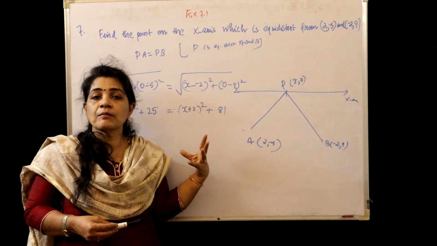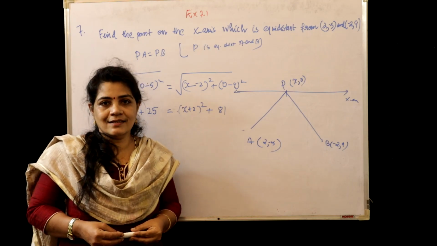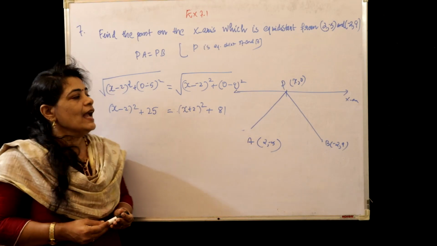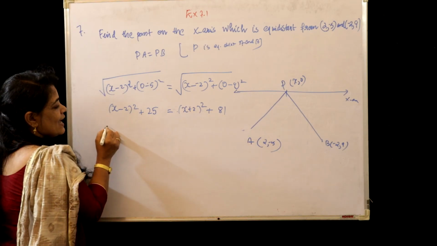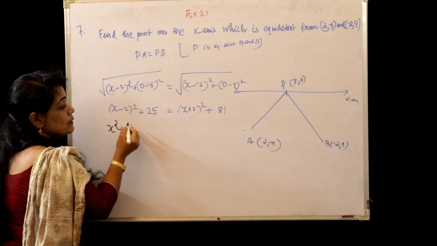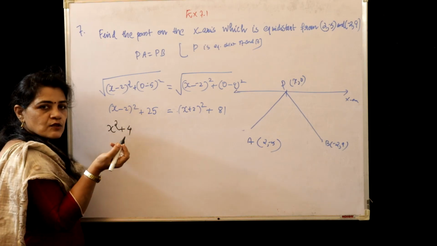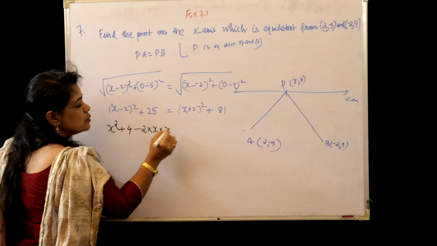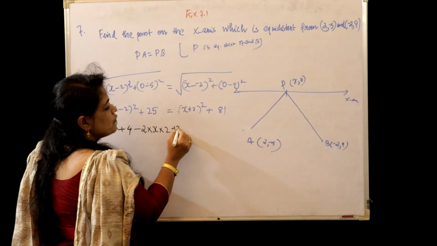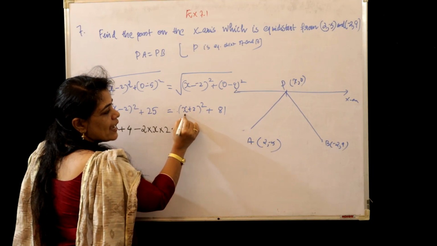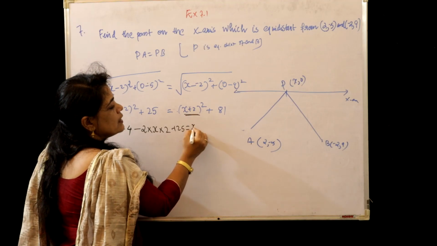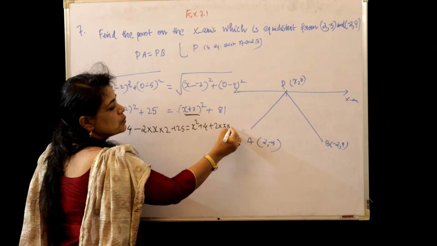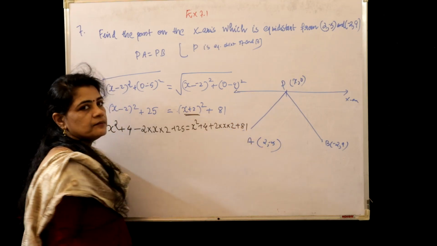These two terms can be expanded using identities, a minus b whole square and here a plus b whole square. Applying that: x square plus b square, that is 4, 2 square is 4, minus 2ab, 2 into x into 2, plus 25 constant, equal to, this side also a plus b whole square, x square plus 4 plus 2ab, 2 into x into 2, plus the constant 81.